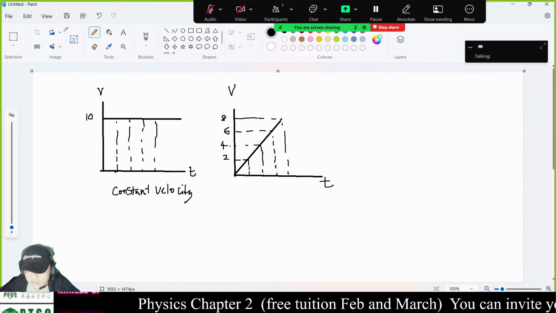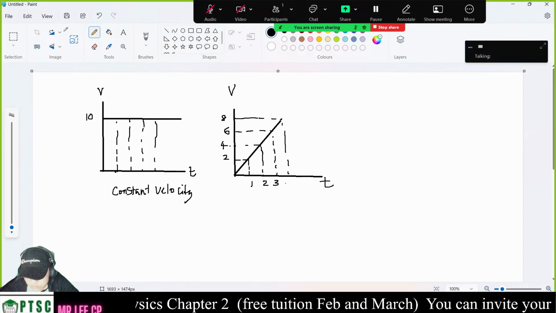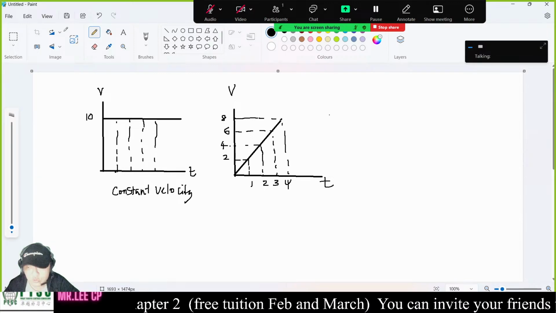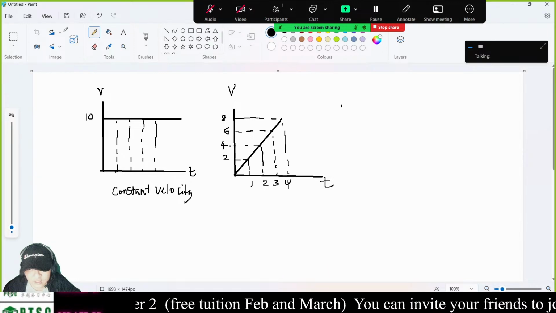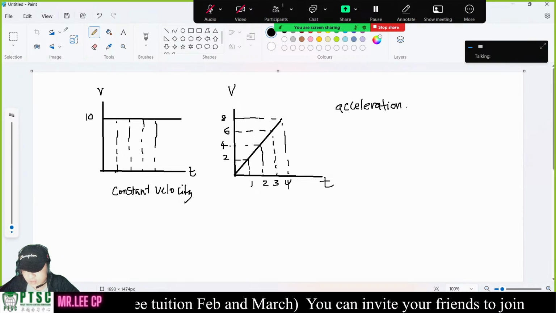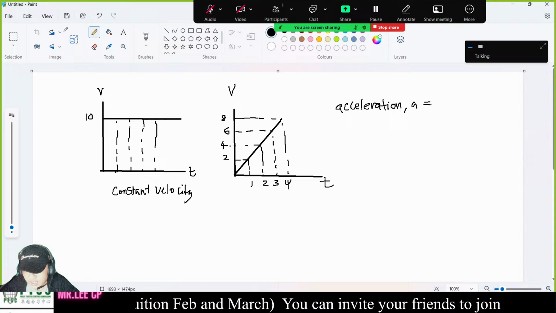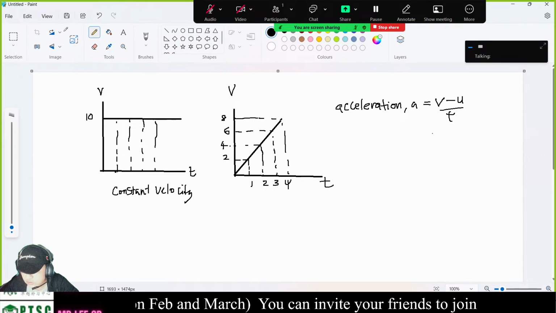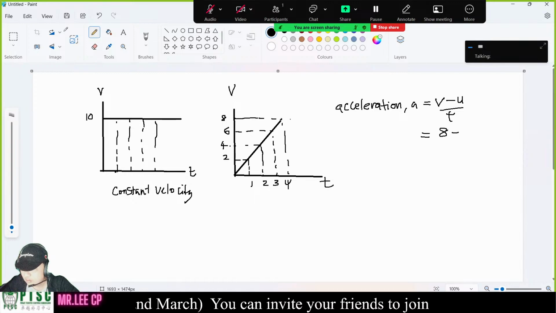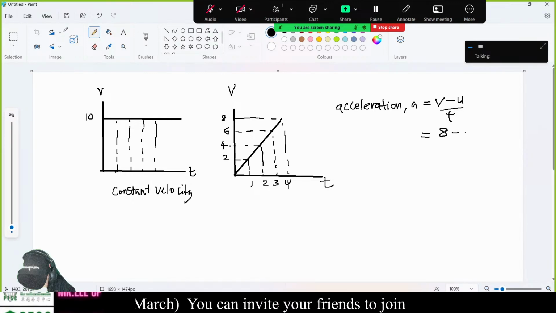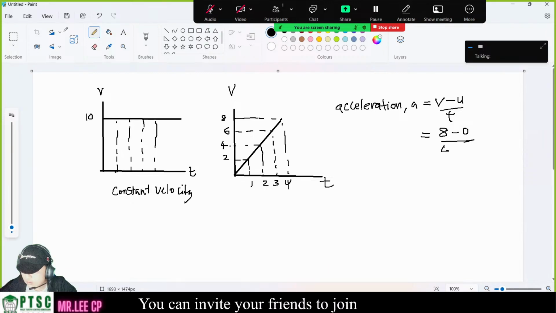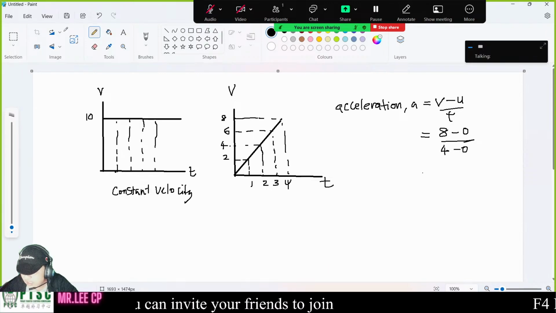This is V, this is T. So I want to find the acceleration. A is equal to V minus U divided by T. V final velocity minus initial velocity, initial 0, over the time taken, 4 minus 0. 8 divided by 4 is 2.